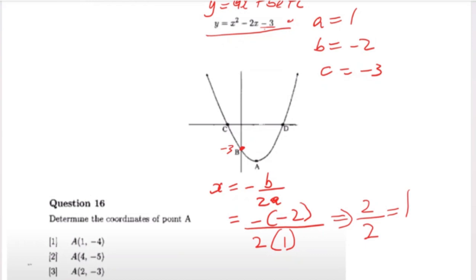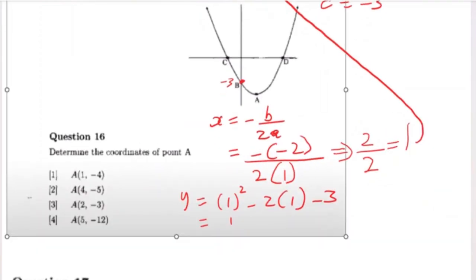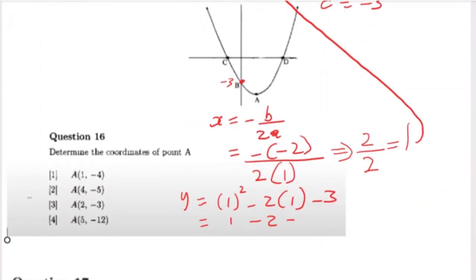Okay, same procedure. How do I find the y coordinate? I need to take this one and substitute it into my equation. Okay, so my y is equal to, my x is 1, you've got 1 to the power 2 minus 2 into 1 minus 3. Okay, this is equal to 1 minus 2 minus 3.